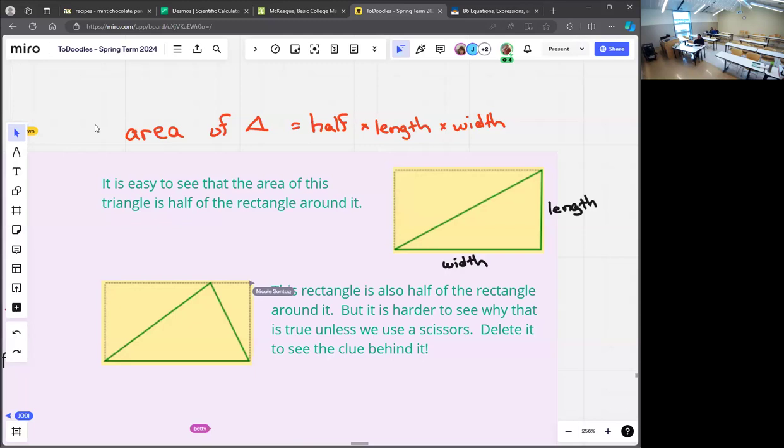Or just move it out of the way, either. Nicole's arrow grabbed it. Are you gonna move it or delete it?